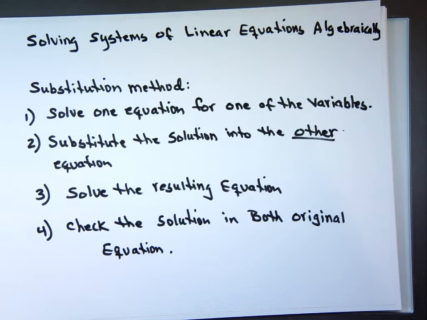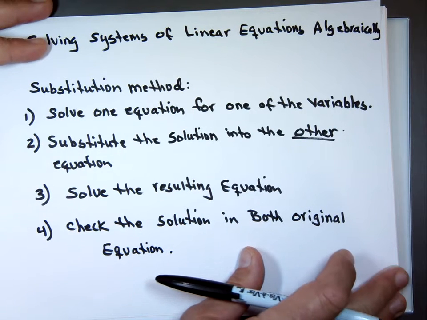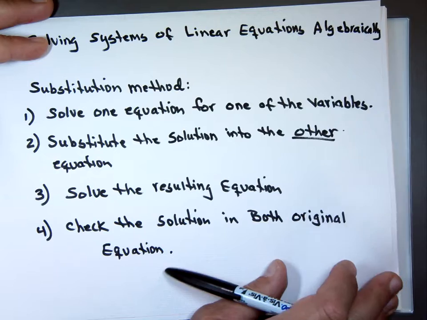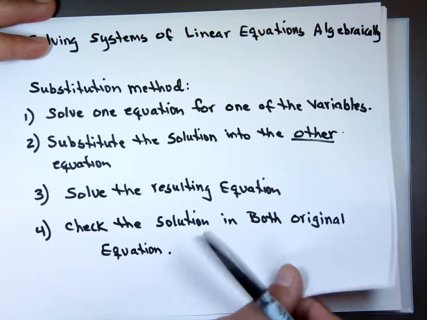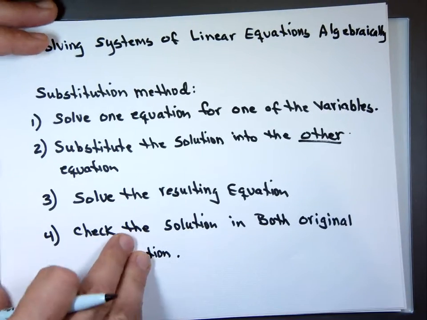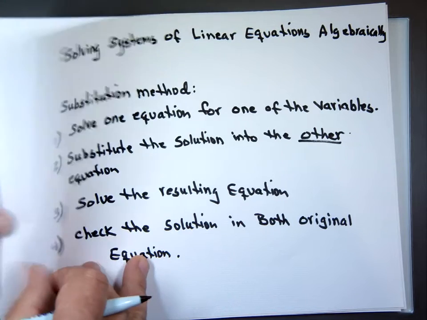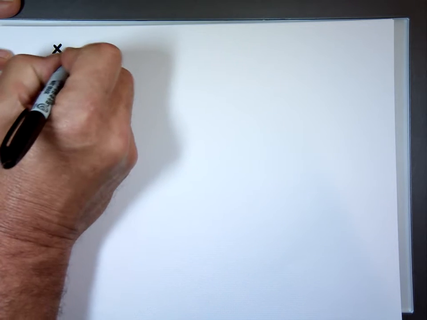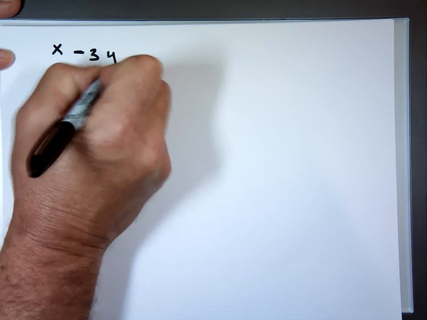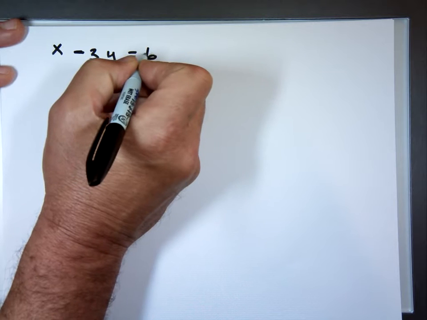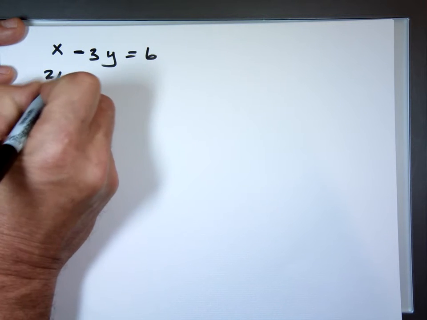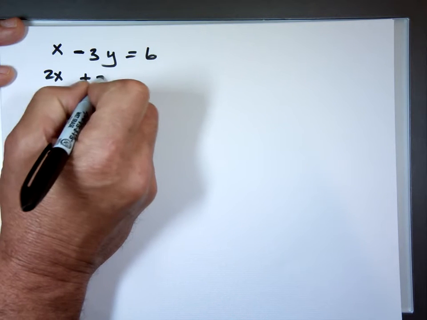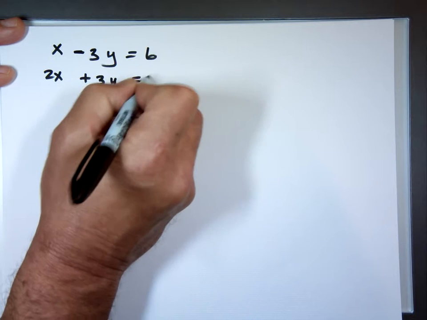So let's take an example. And I'll keep flashing this sheet of paper back and forth. Let's say I have x minus 3y equals 6, and the other one 2x plus 3y equals 3.